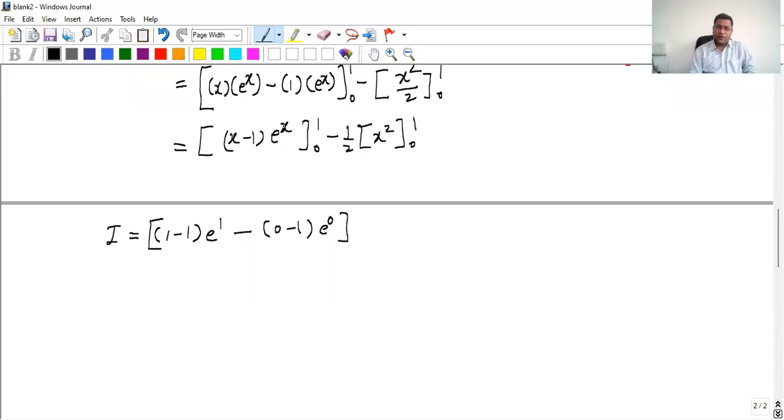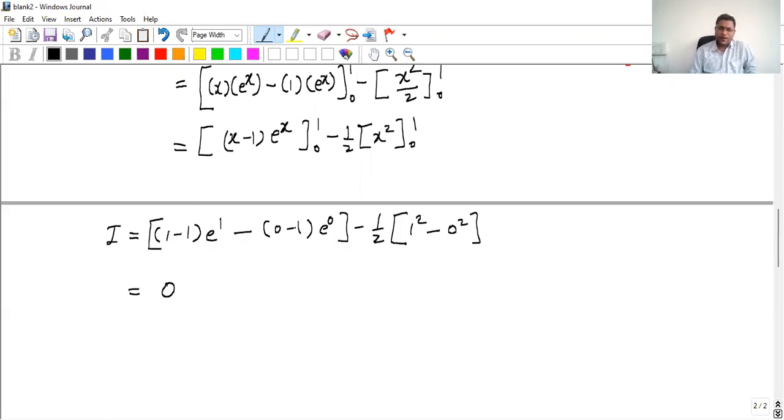So here we are putting x is equal to 1 and then we are putting x is equal to 0. Now minus, this is going to be half. If I put 1, I'll be having 1 square minus 0 square. Is that okay? Yes, sir. Okay. So now let us simplify this. 1 minus 1 is going to be 0, so this term is going to be 0.